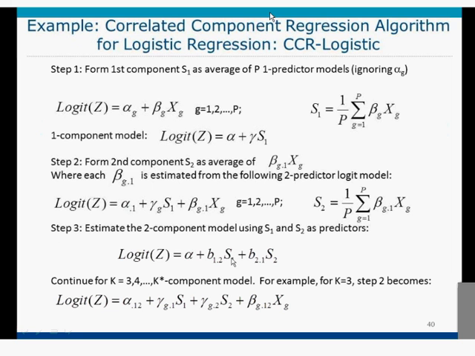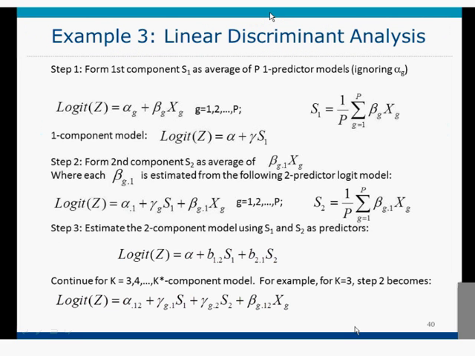Then I take the first component and second component, both of which are just linear combinations of all the predictors, and I use them in this model. I use logistic regression or linear discriminant analysis based on these two predictors to get these coefficients. That gives me my prediction of the logits. Logits greater than 0 are classified into group 1. It corresponds to an odds greater than 1, or a predicted probability greater than 0.5 of being in group 1. Okay, so that's the basic idea.